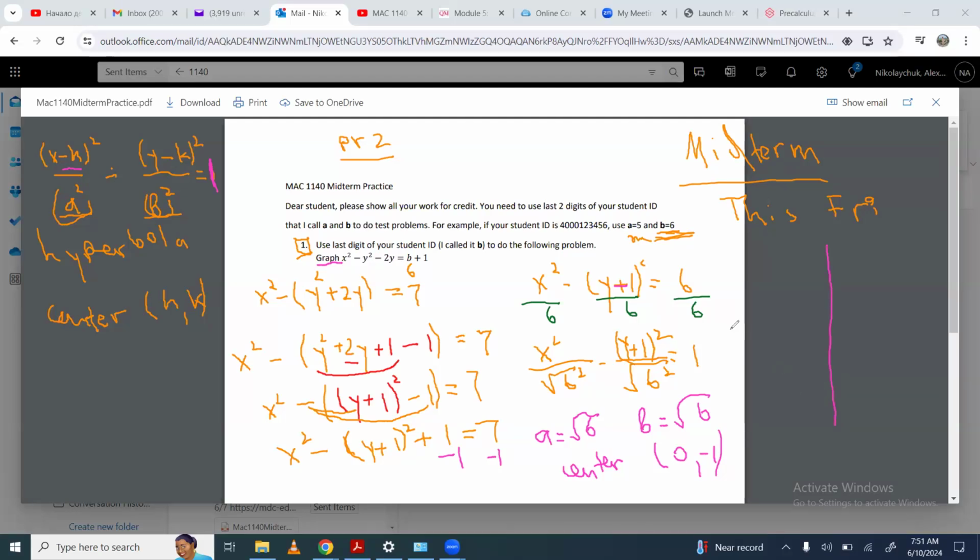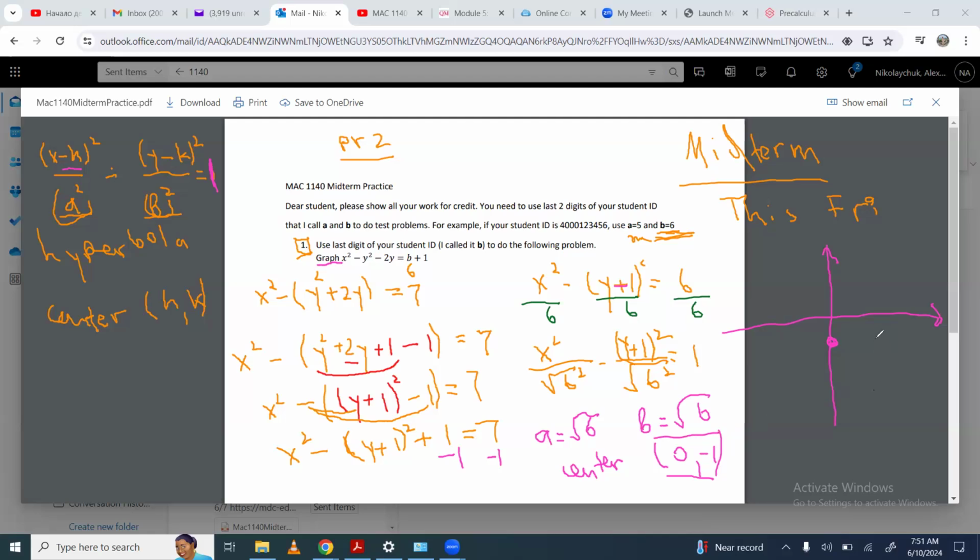And this is great. Now I'm prepared to get those two branches of the hyperbola. So we always start with the center (0, -1), someplace down below. Then I go to the left and to the right by the square root of 6. The square root of 6 is more than the square root of 4, so it's a little bit more than 2.